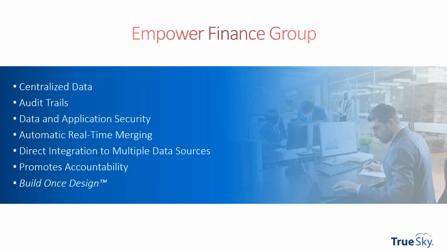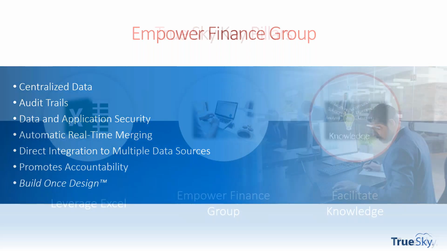We take care of all that. We give you direct integration to your data sources. And thanks to TrueSky, we're going to promote accountability throughout your organization. And because we have our build once design within TrueSky, your amount of overhead to maintain a budgeting cycle, to create your input sheets and your reports is going to drop dramatically.